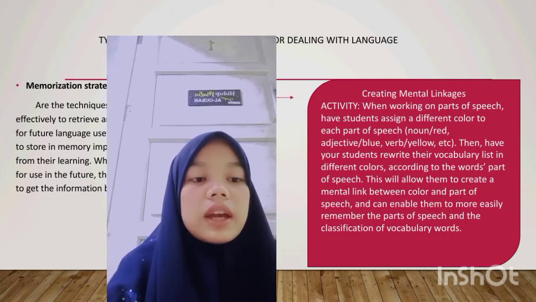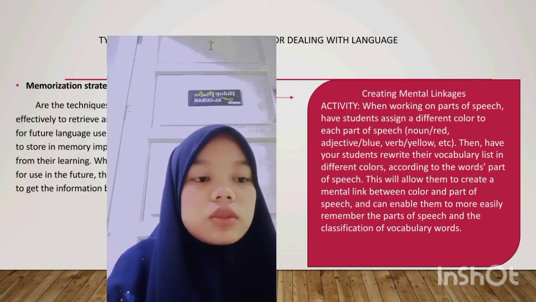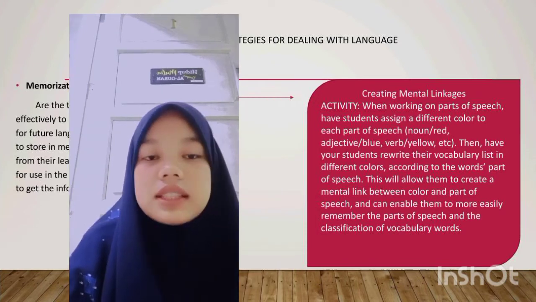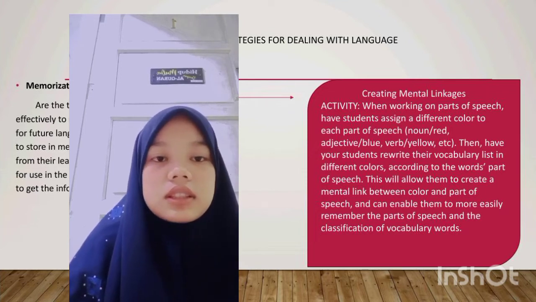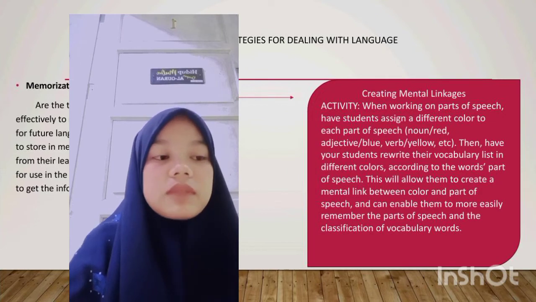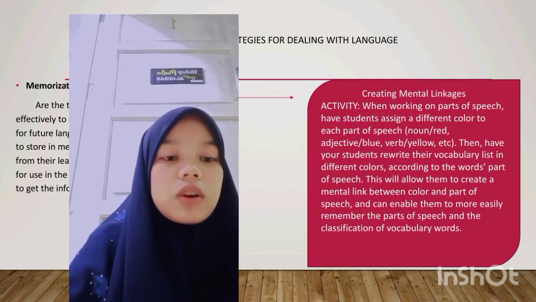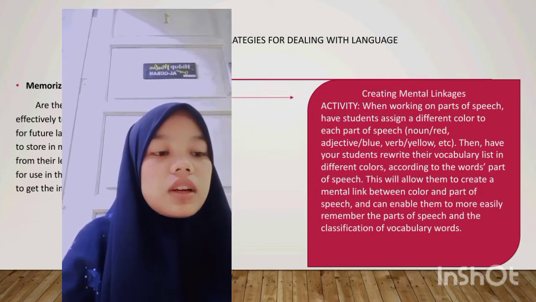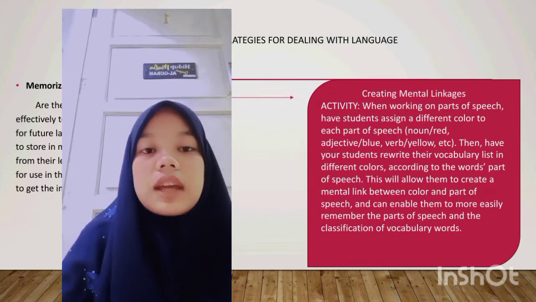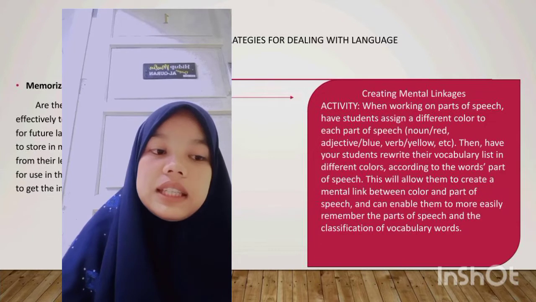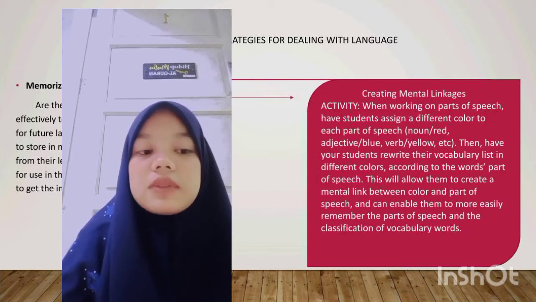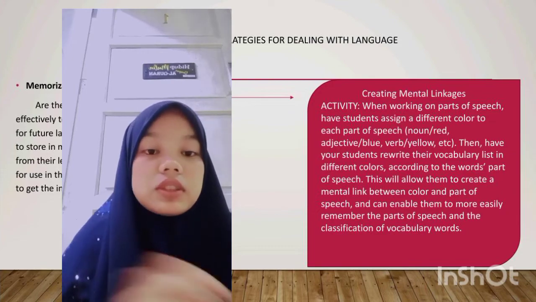Then have your students write their vocabulary list in different colors according to the word's part of speech. This will allow them to link color and parts of speech and can enable them to more easily remember the parts of speech and the classification of vocabulary words.